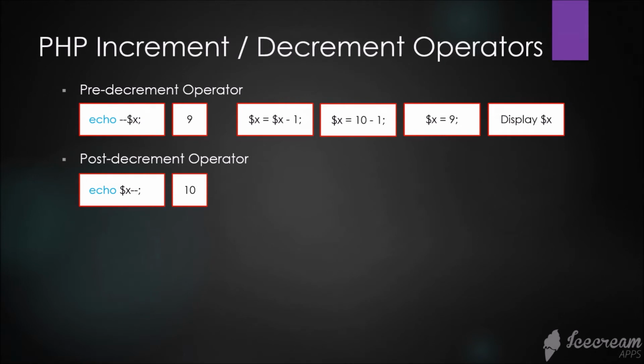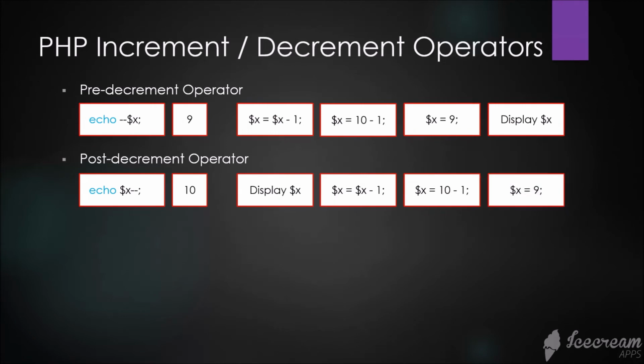Just like earlier with the increment, first we display, then after that, we calculate. That's what's happening in incrementation and decrementation, and also the difference between pre-increment or decrement and post-increment or decrement. Okay, guys?